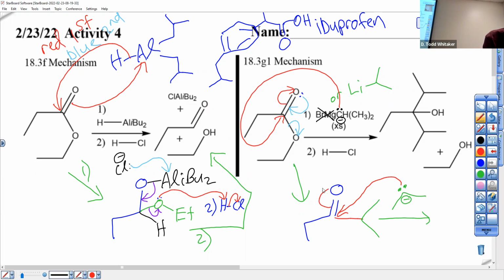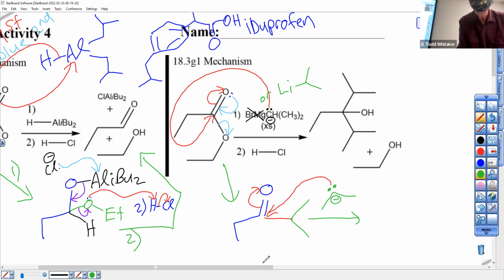Chapter 16 mechanism. No leaving group here, so don't have those electrons come back. There's no leaving group. They're going to stay up there. And you've got your old isopropyl from before. And you got your new isopropyl from now.